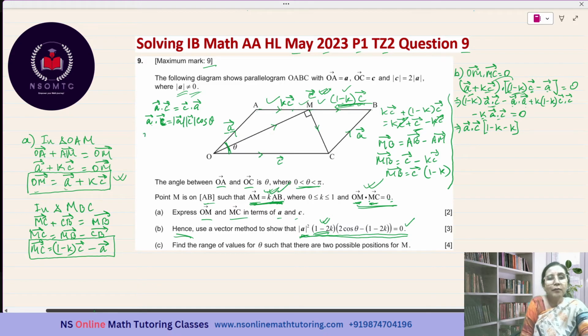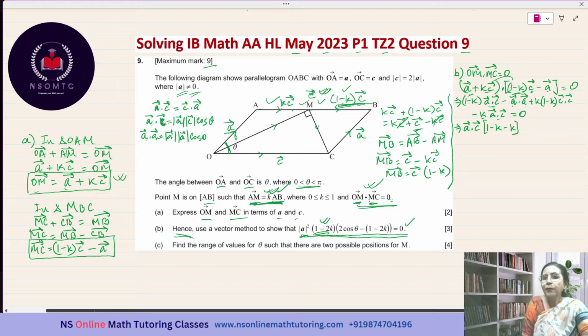So what will be the expression for the dot product between two A vectors? It will be the magnitude of the A vector times the magnitude of the A vector times cos of the angle between two A vectors. It is the same vector, so what is the angle between them? Of course, equal to 0. And cos 0 is equal to 1.